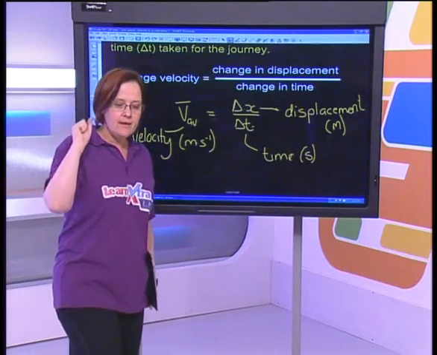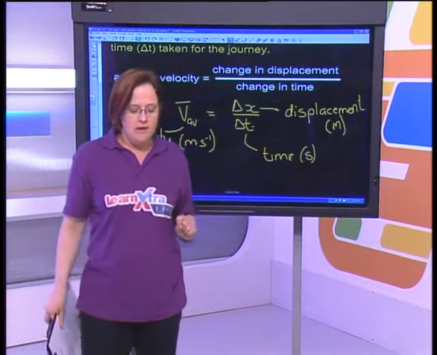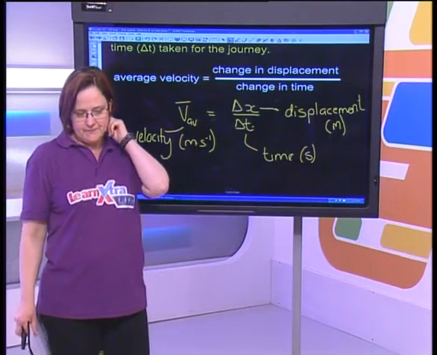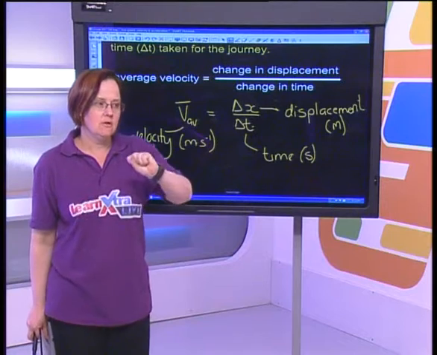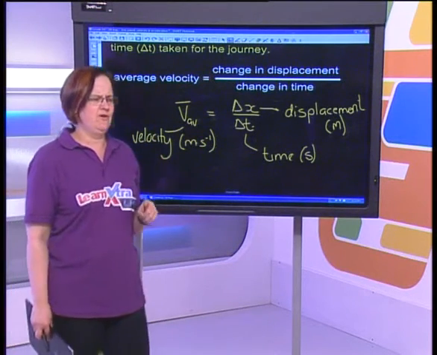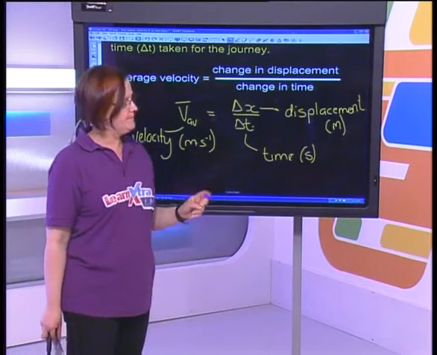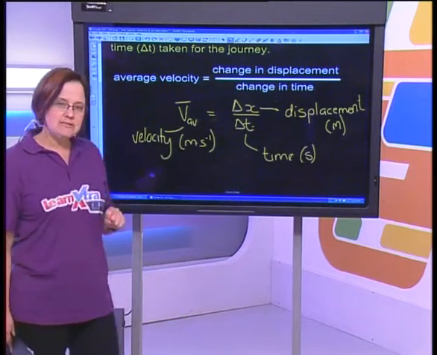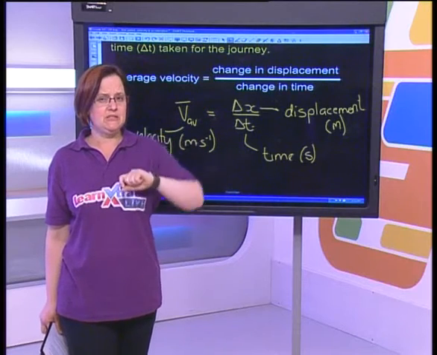Now I'm going to freak you out a little bit. It is possible to have constant speed but not constant velocity. And I'm sure some of you are going, nah, you're lying to us, Tracy. But I'm not, because velocity and speed are both measured in meters per second.